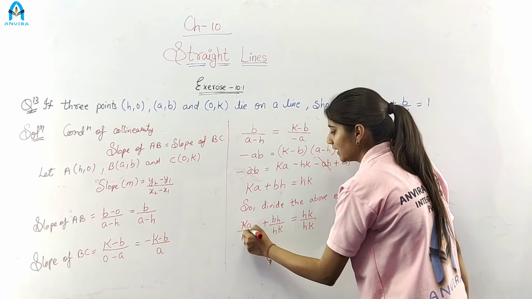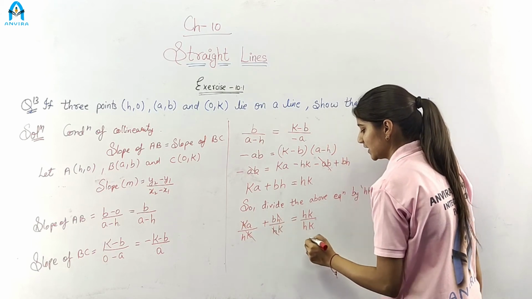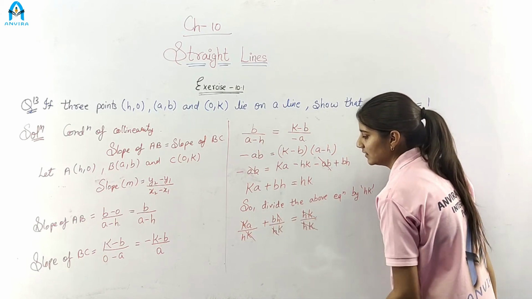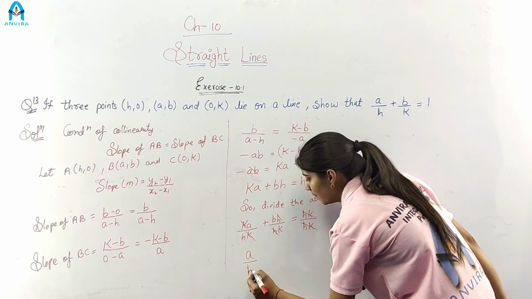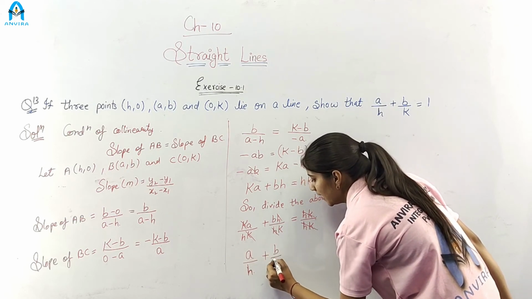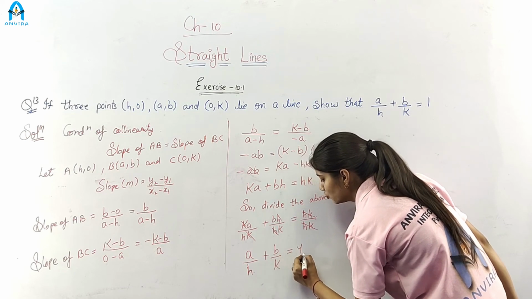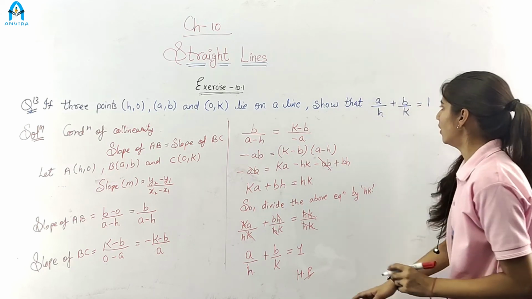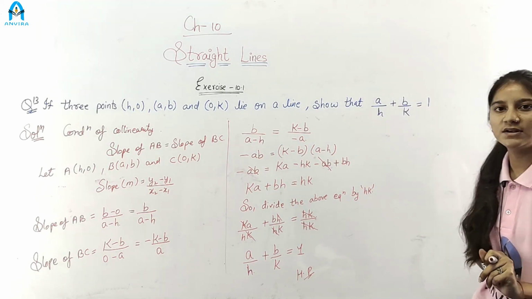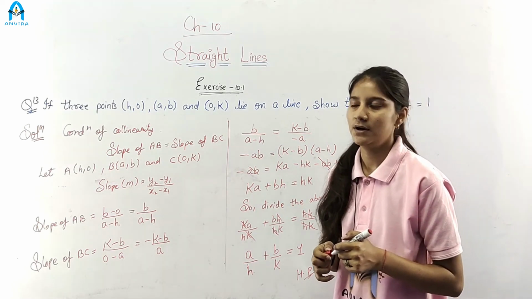So k and k cancel, h and h cancel, and hk is cancelled with hk. So we get a upon h plus b by k is equal to 1. Hence proved. Hence we got the same condition that was given in our question.